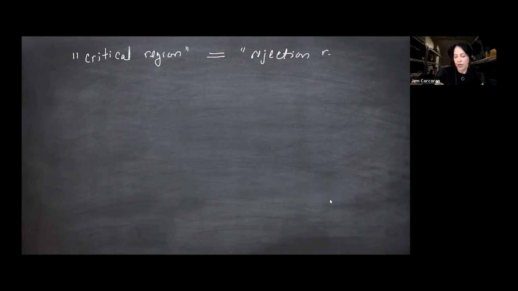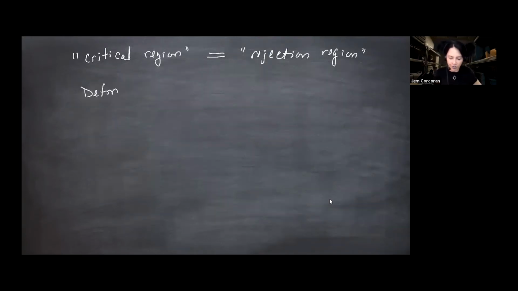And what I mean by that is, in hypothesis testing, you often hear about a critical region. And this is totally synonymous with a rejection region, the region in which your statistic must fall for you to reject the hypothesis. And so defining a test is equivalent to defining a rejection region or a critical region.